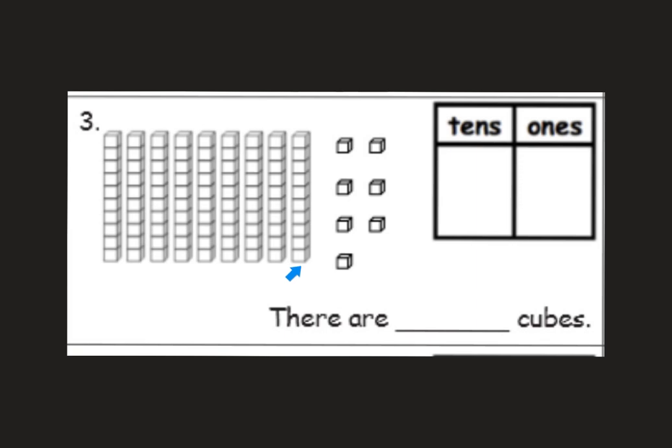So let's go 1, 2, 3, 4, 5, 6, 7, 8, 9. So we're going to write the number 9 in our tens place and the number 7 in our ones place. So in total, there are 97 cubes.